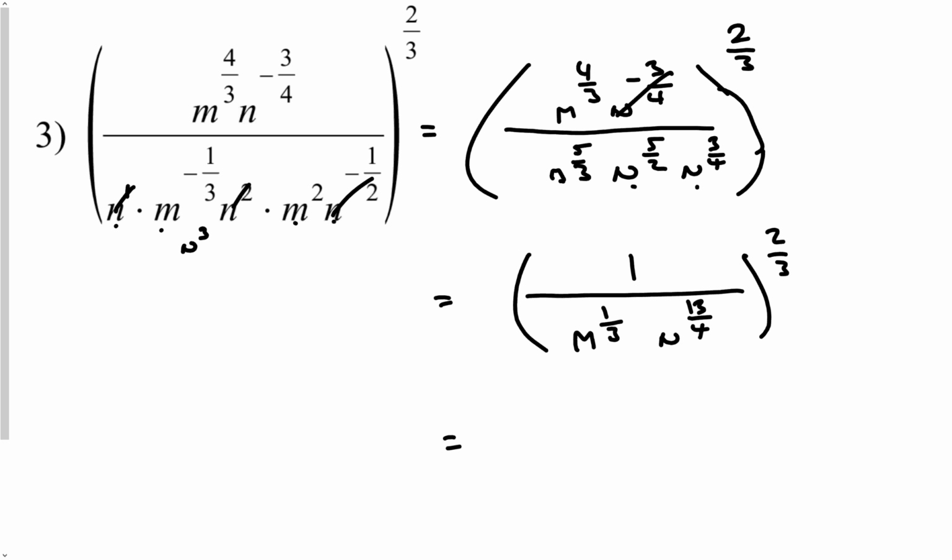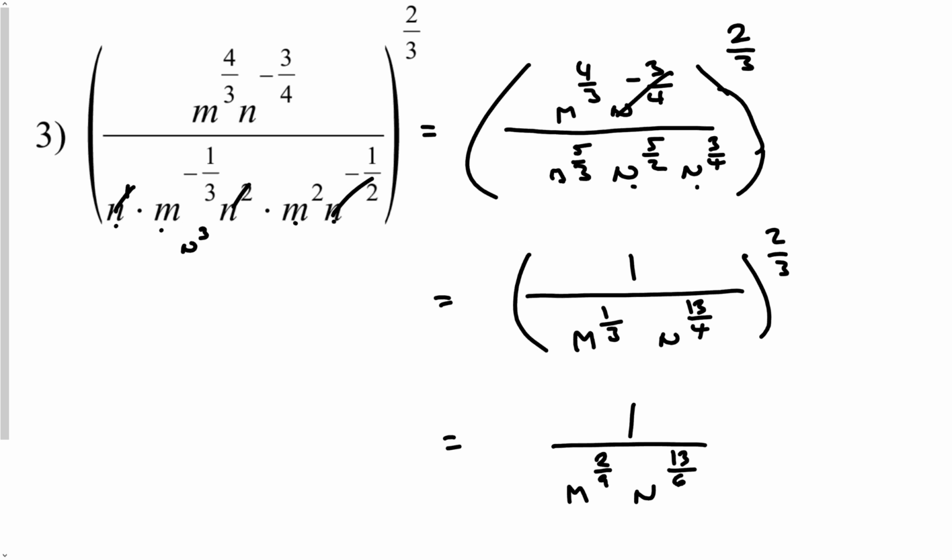Power to a power, I multiply exponents. So my simplified answer is m to the 2/9, n to the, let's see what this is, 26/12, which is 13/6.